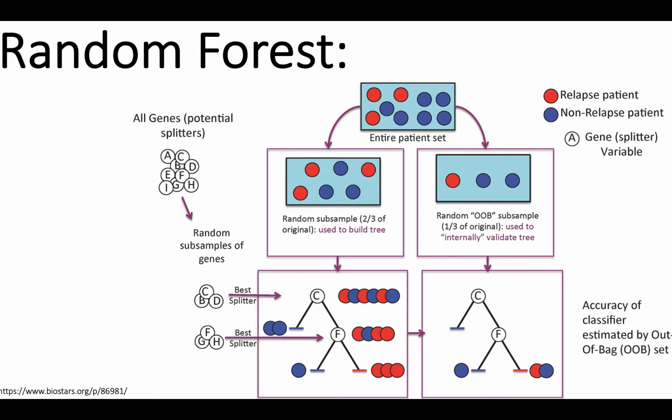I take a bunch of data and I randomly split it up into a subsample. So this is my random subsample. I then take it and put it into a tree.